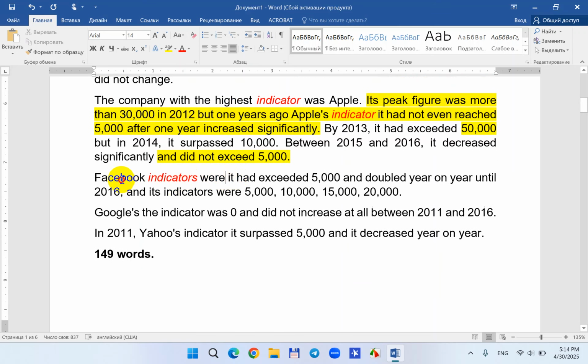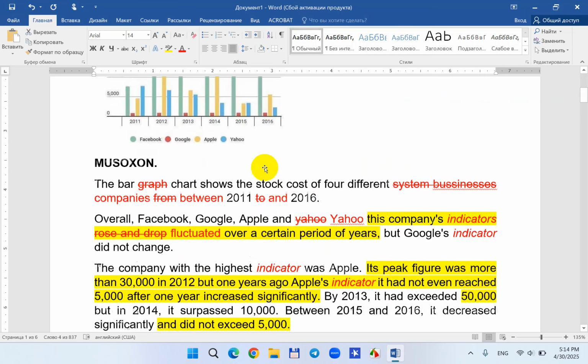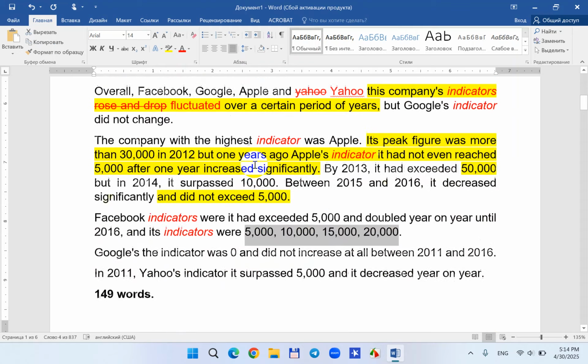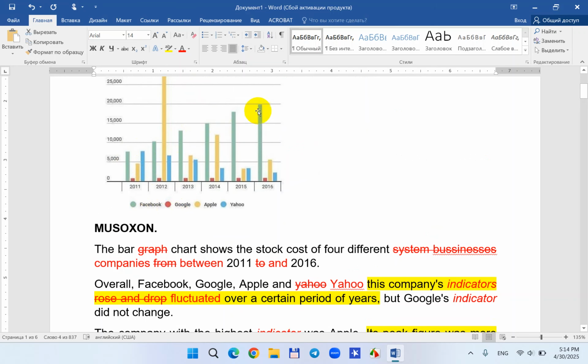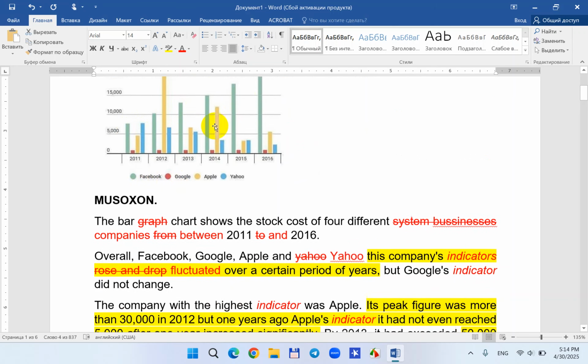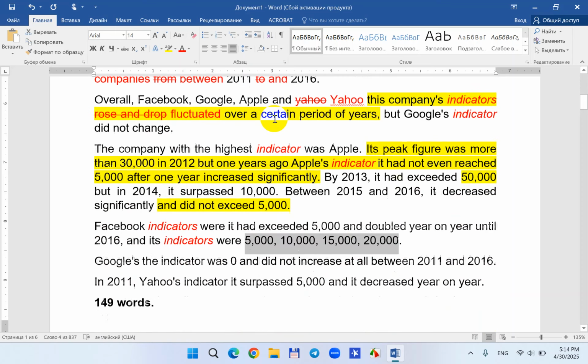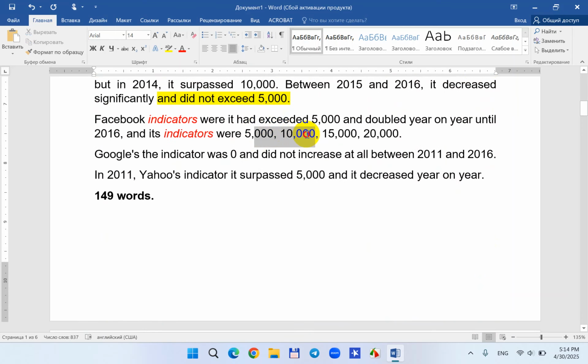So Facebook indicators had exceeded 5,000 and doubled year on year until 2016. Let's look at Facebook. It's one increase, one significant increase. You should not mention like 5,000, 10,000, 15,000.